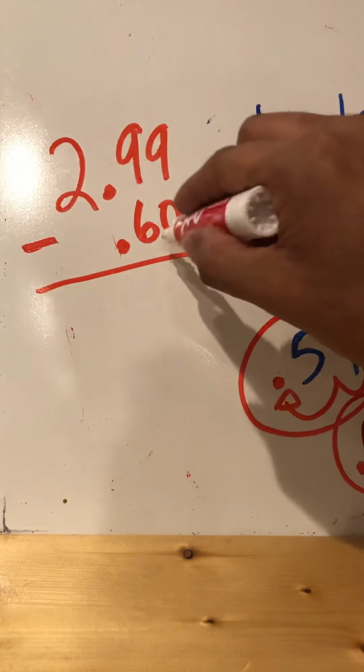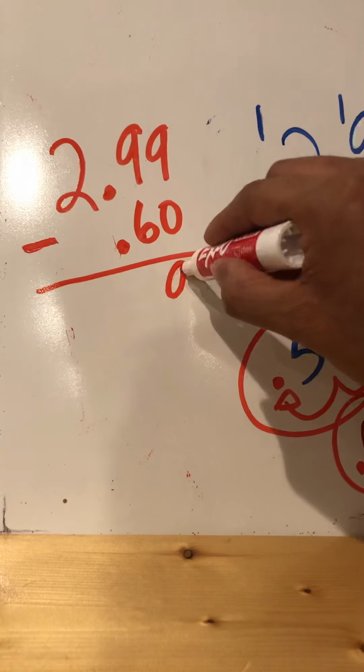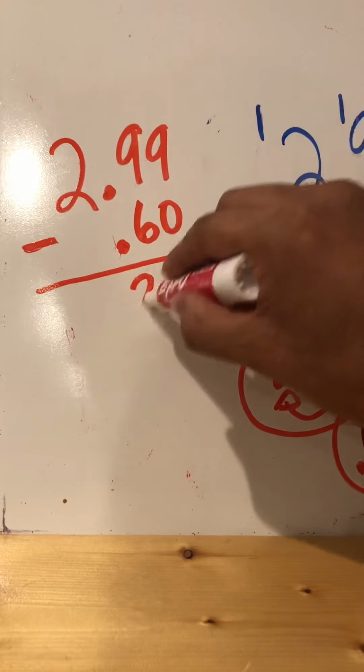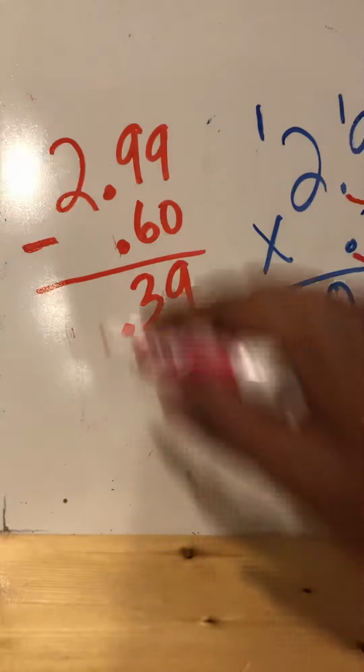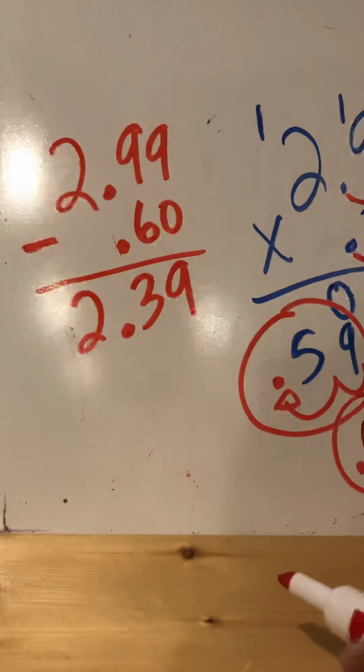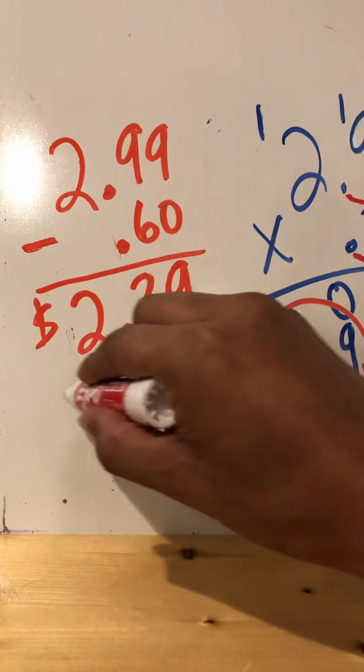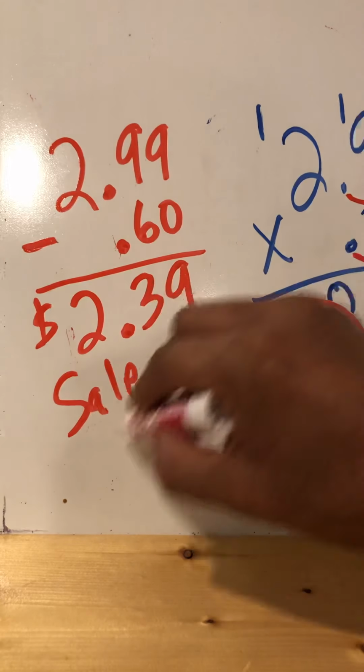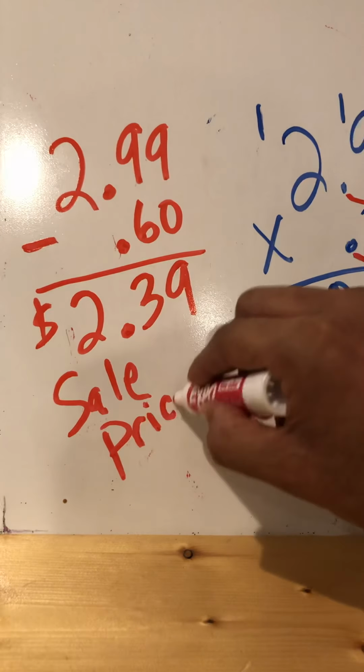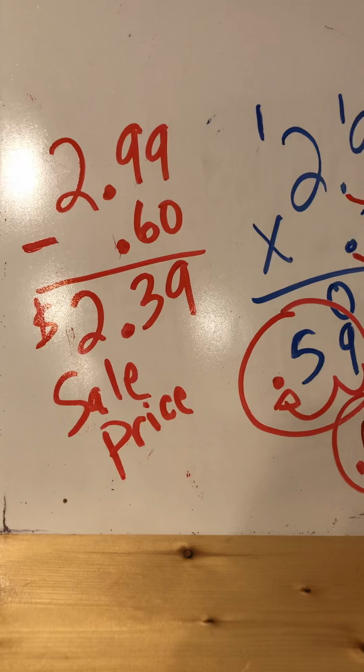Even though it was $2.99, I'm going to pay less. So let's see here. 9 minus 0, 9. 9 minus 6 makes 3. Bring down my decimal. 2 minus 0 makes $2.39. So the actual sale price of the Ninja Turtle is $2.39.